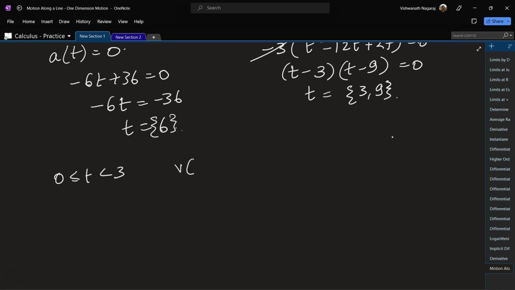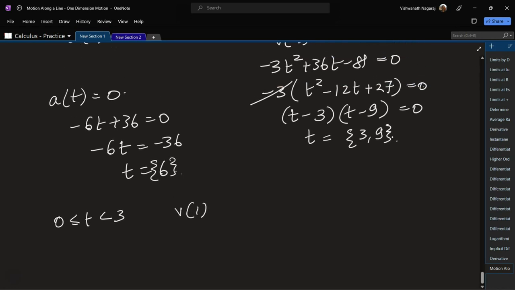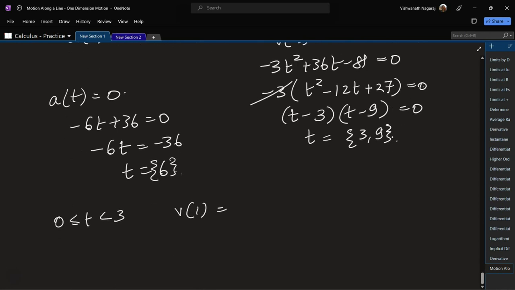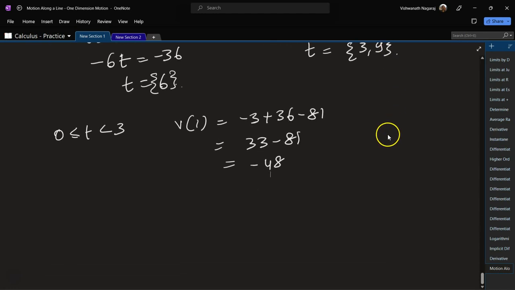So here v of 1, let's take. V of 1 is going to be minus 3 plus 36 minus 81, which gives us 33 minus 81, which is minus 48. Acceleration at 1 is going to be minus 6t, that is minus 6 plus 36, which is equal to 30.